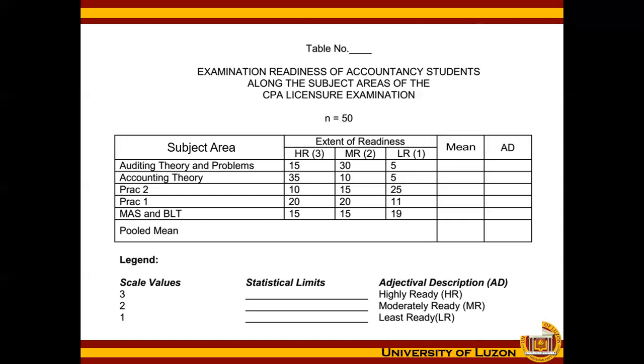What about prac 2? In the same way, prac 2 is also in order. What about prac 1? Here, we will note that there is a problem. The total is 51, which is 1 over the sample size, which is 50.